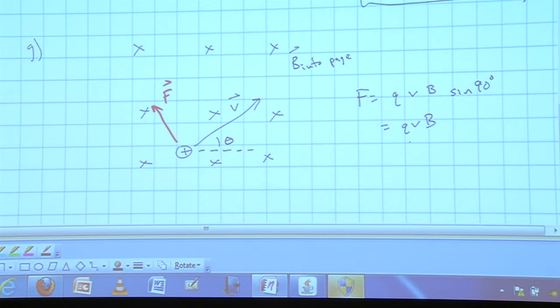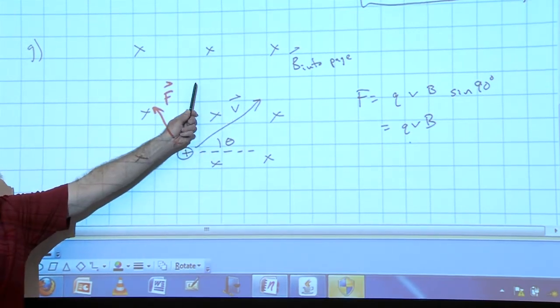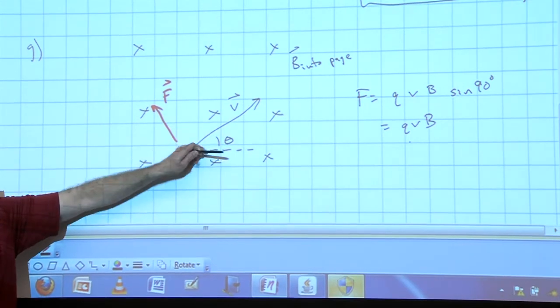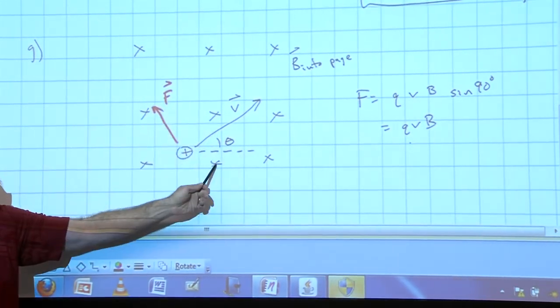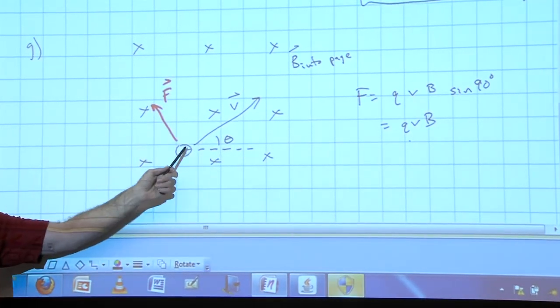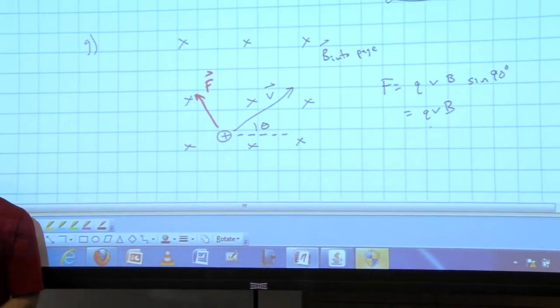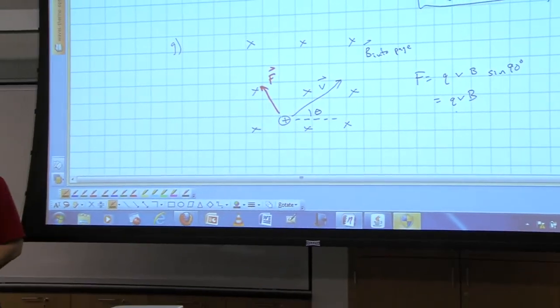B is perpendicular to the page. V is in the plane of the page. There's a 90-degree angle between them. Doesn't matter that it's pointed this way or that way. As long as the velocity is in the plane of the page and B is perpendicular to the page, there's going to be a 90-degree angle between the velocity and the magnetic field.